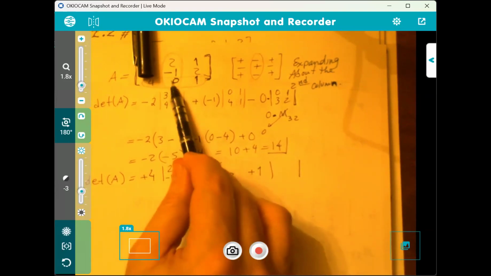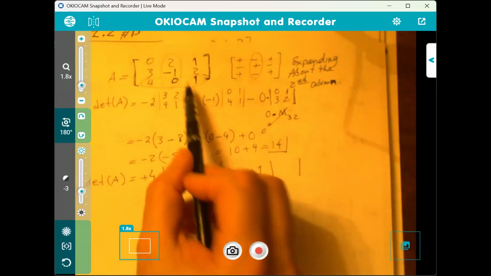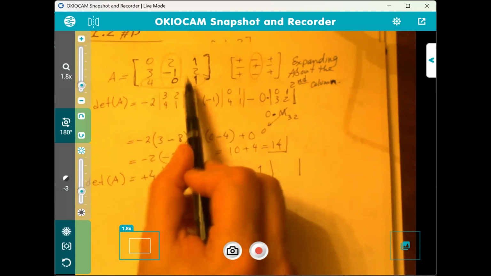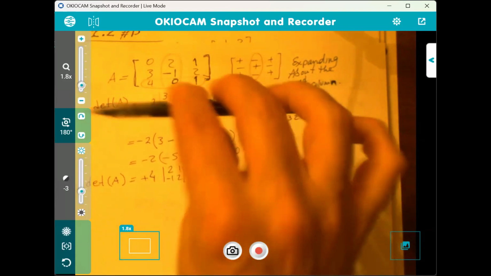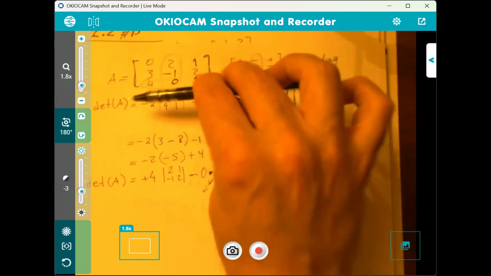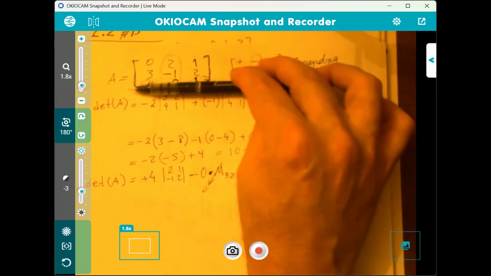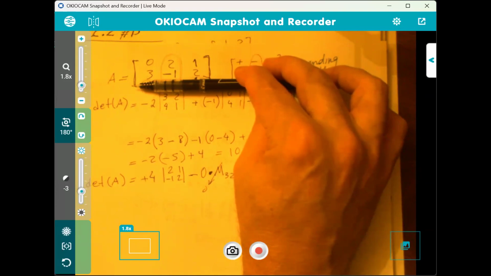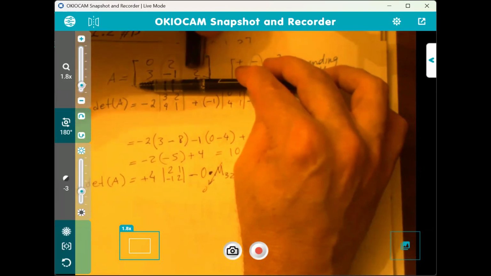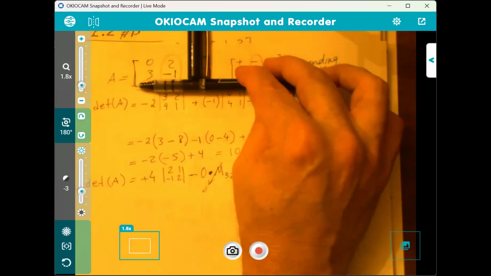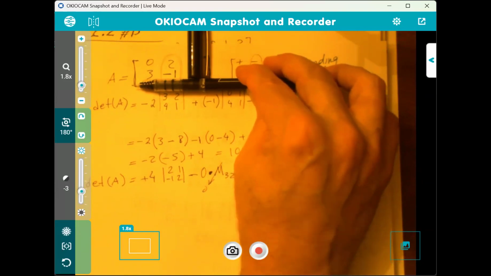And skip the 0. We're going about 1 now. You're looking at this one in the third row, third column. So I'm going to delete the third row. Third row is gone. I'm going to delete the third column. And third column is gone. The minor of that element is the determinant of 0, 2, 3, negative 1.